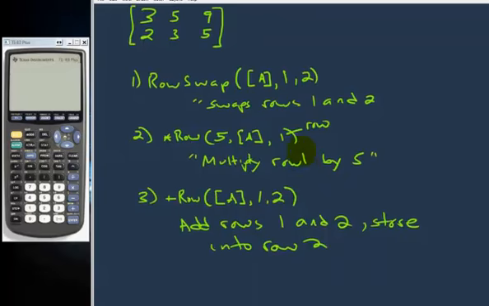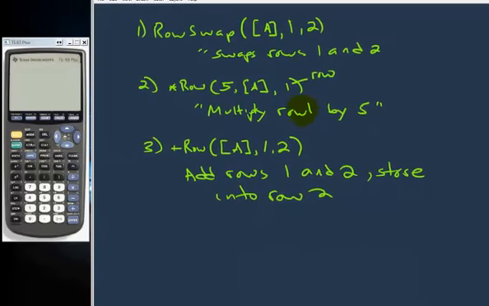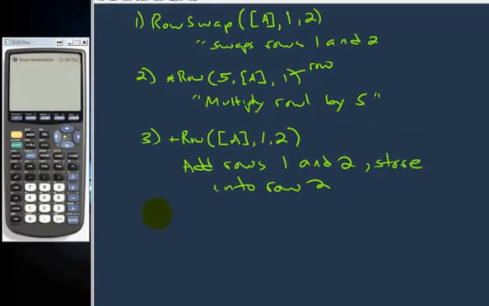Now this one's the trickiest, and it's also the trickiest operation when you're doing it by hand as well. Let me get it out real fast because I don't know if it's the plus sign first or the multiplication sign. All right, multiplication sign, row, plus, and then parentheses.